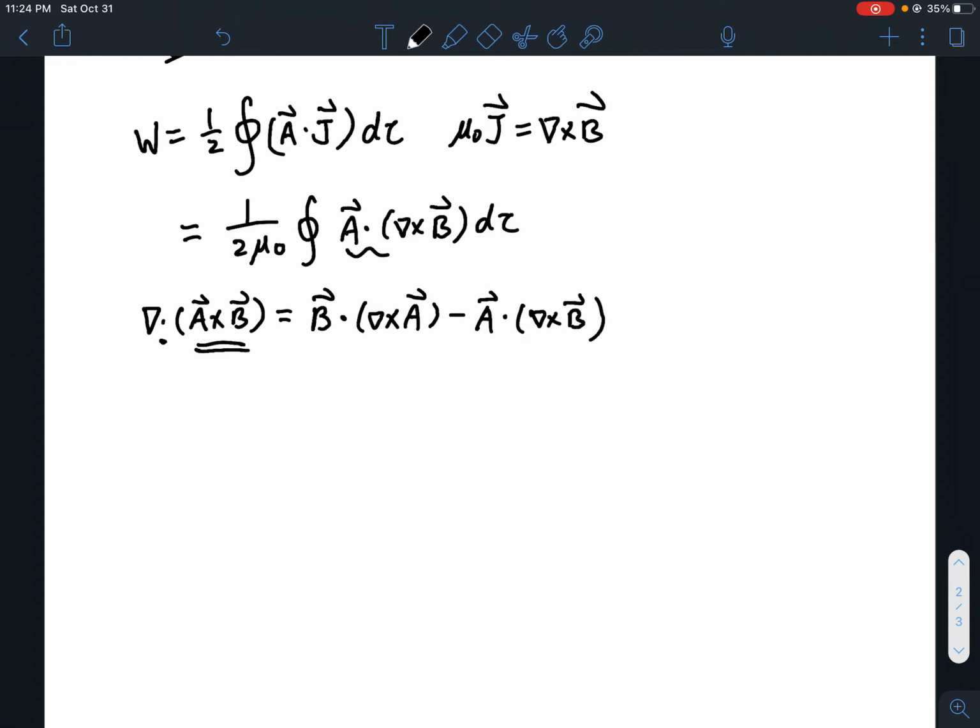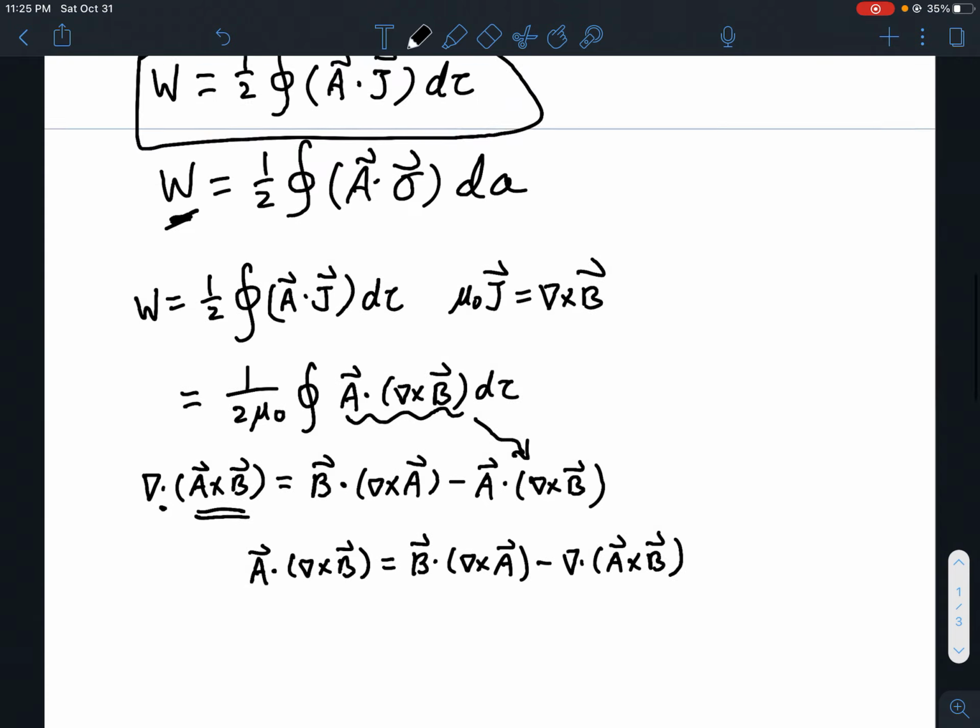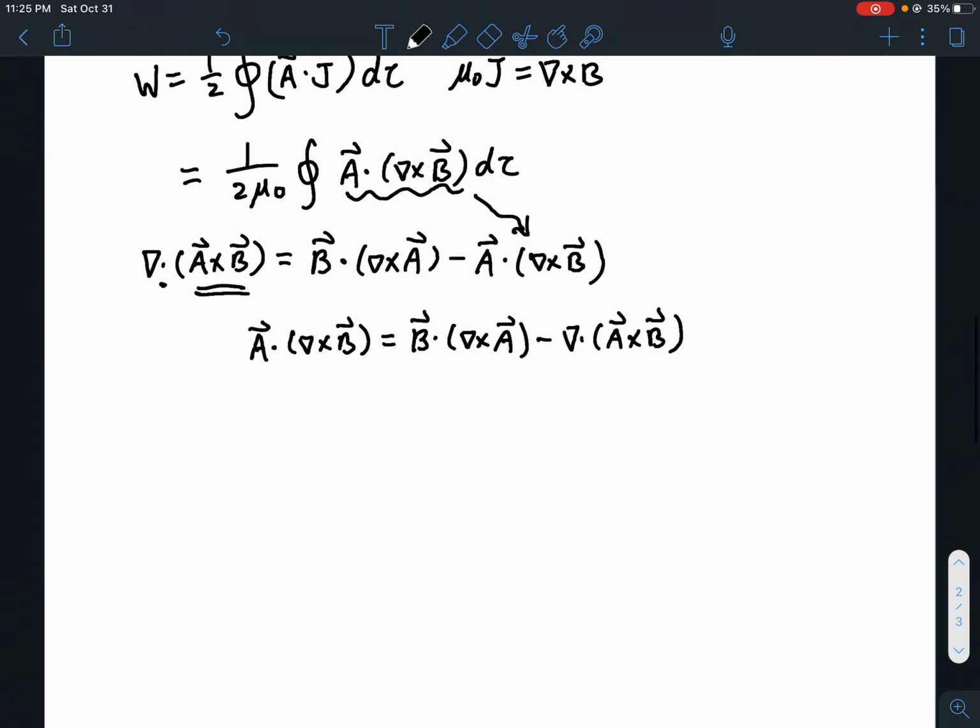The reason is, we have this term, A dot del cross B, which really becomes B dot del cross A minus del dot A cross B. So once we have this, we can just plug it into this equation.